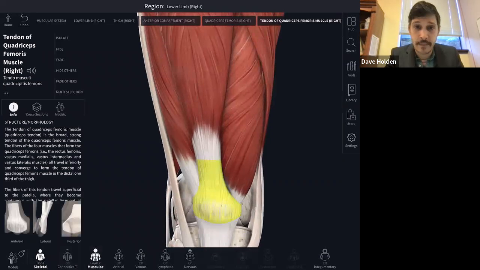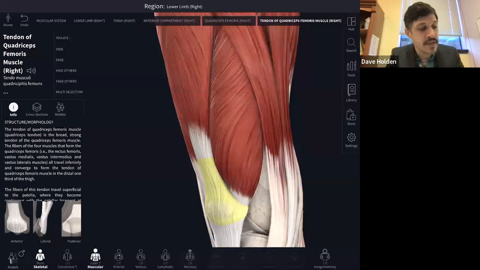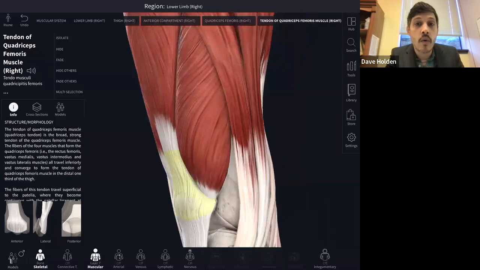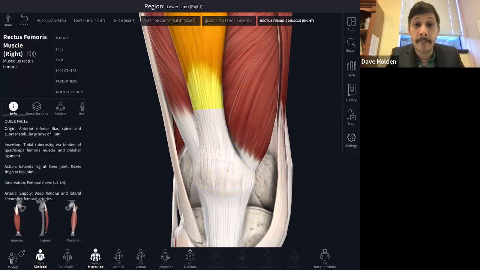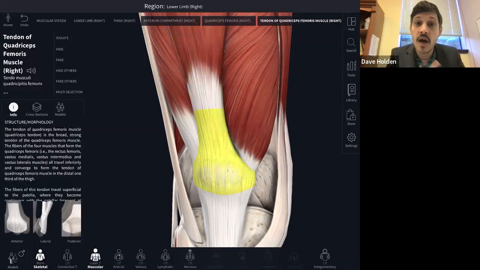All 4 of your quadricep muscles become a single tendon, one tendon. In that tendon is embedded the patella. So why did we call it the quadriceps tendon? Because it's connecting a muscle, the quadriceps, to a bone, the patella. By definition, that is a tendon.